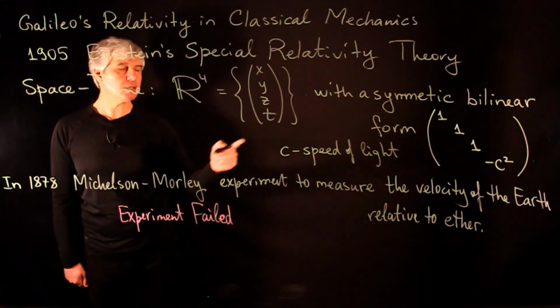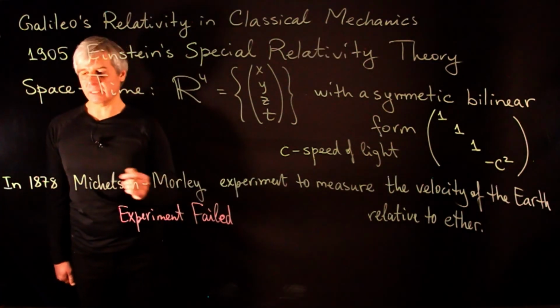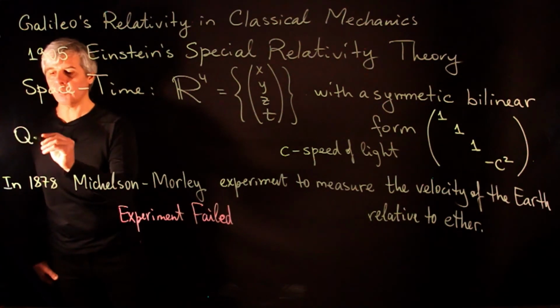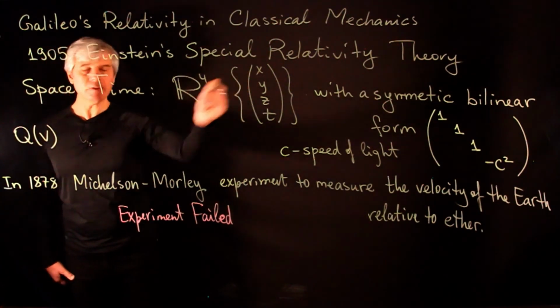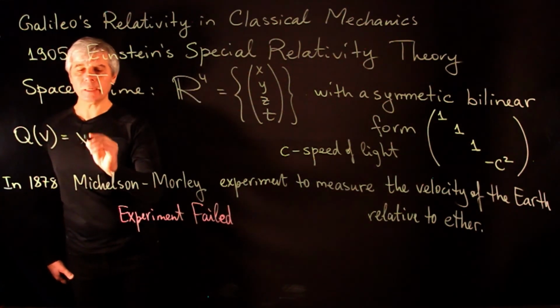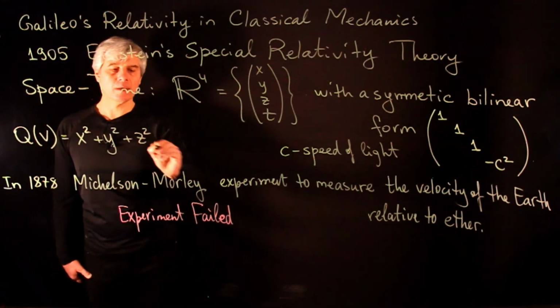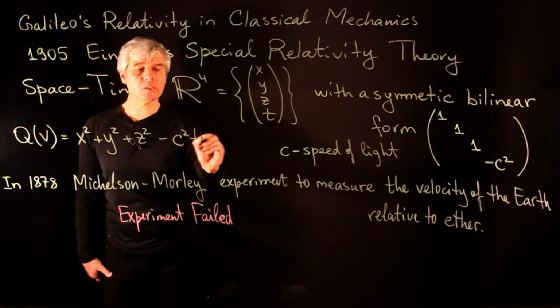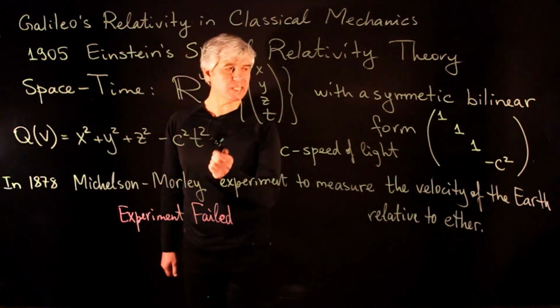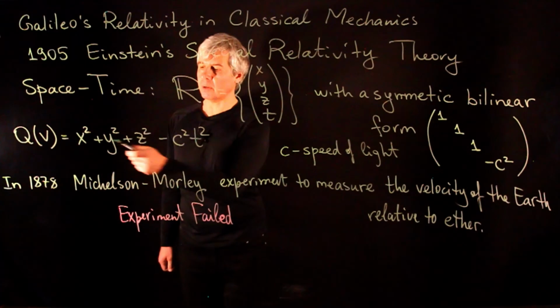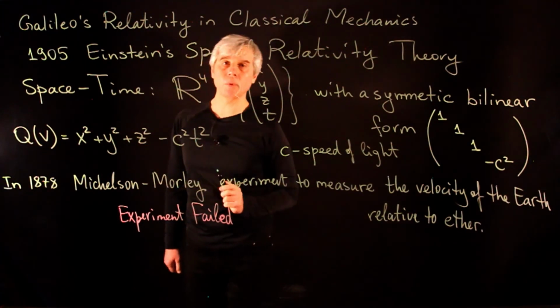This generalized the usual Euclidean distance, and so if we write the quadratic form of a vector v, then this will be x squared plus y squared plus z squared minus c squared t squared. And what we see is that this quadratic form is not positive definite.